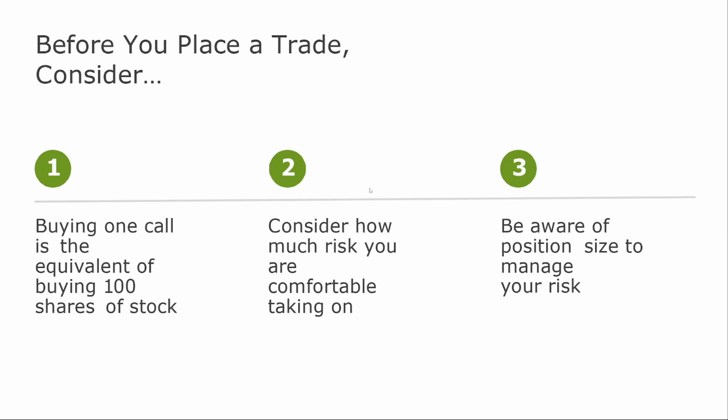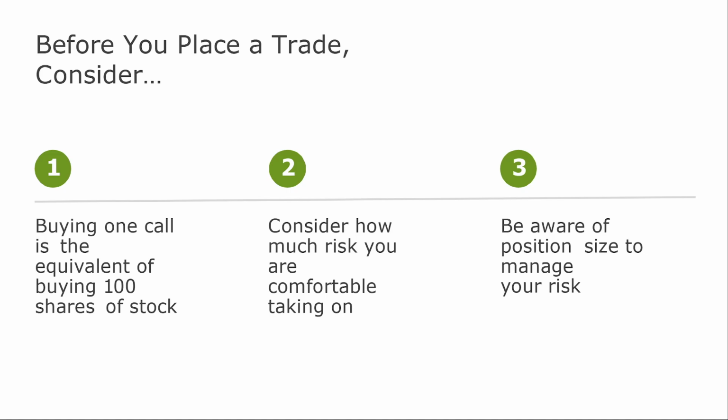Now, as I said before, before you place a trade, you have to consider first that when you buy a call, or you sell a put, it is the equivalent of owning 100 shares of that stock. At the same time, you have to consider how much you are going to be able to risk and be comfortable with.